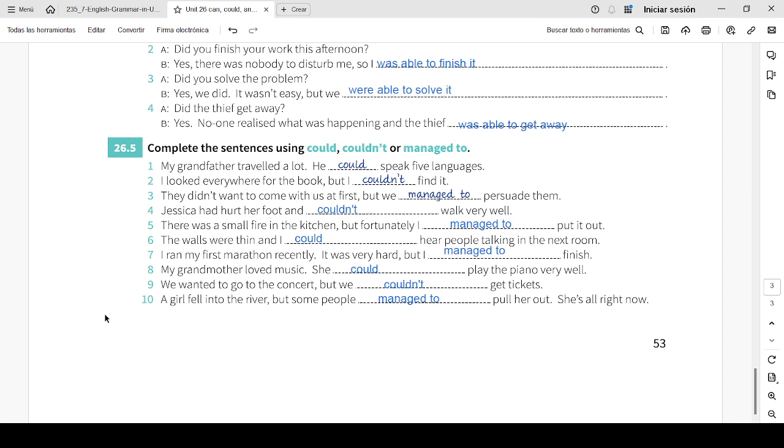Next one. We wanted to go to the concert, but we couldn't get tickets. The same. We're talking about somebody having success in doing something in that case, but it's not ability.